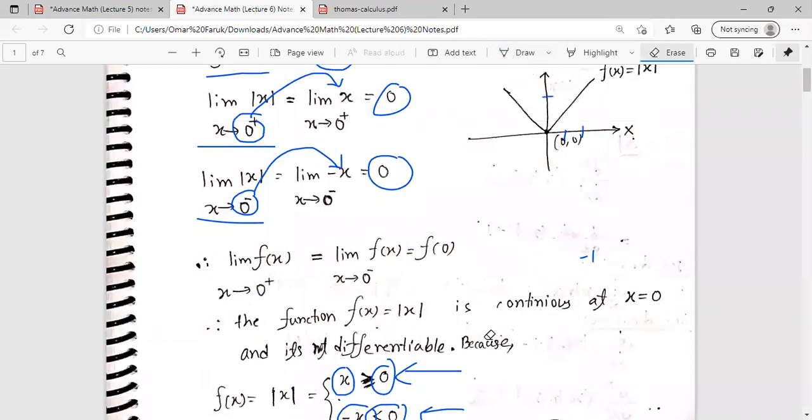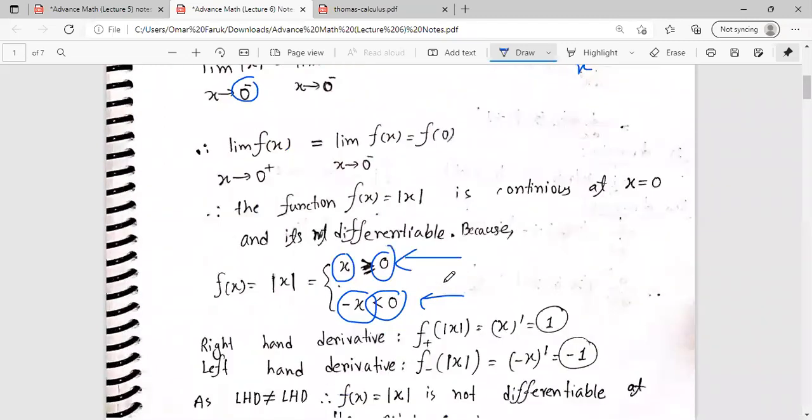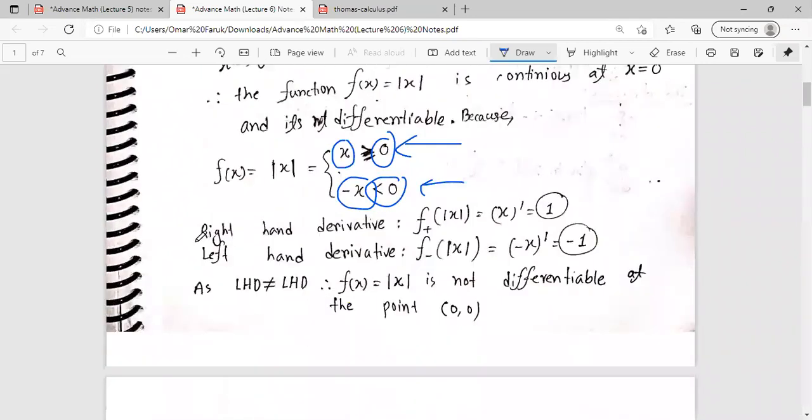Now we have to see if it is differentiable at x equal to 0. Is this function differentiable at this point, okay? You can see that at this point our value of x is 0. For this, we have to calculate the right hand derivative and left hand derivative.